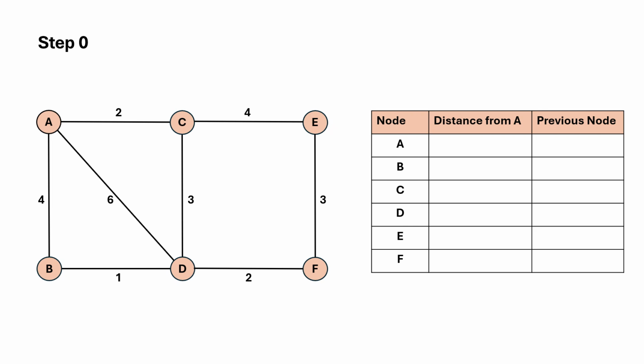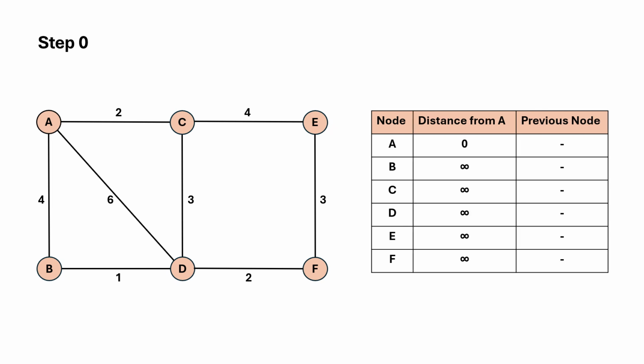So if we are traveling from A to C to E, then the previous node for E would be C. At the very beginning, we have not explored anything. So distance to A is 0 and distance to every other node is infinity. That is, we have not determined them yet. And the previous node for all of them is blank. And that's how we will initialize the table.